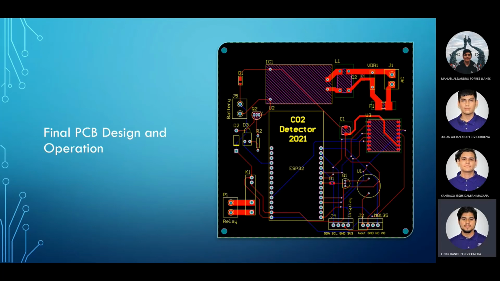Another aspect to mention about the design and operation of the PCB is that we added some polygons to some specific areas where the current is very high, and these areas involve the AC parts and the relay part, where the high levels of current are flowing.